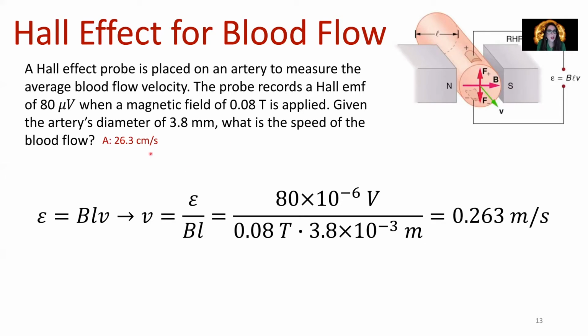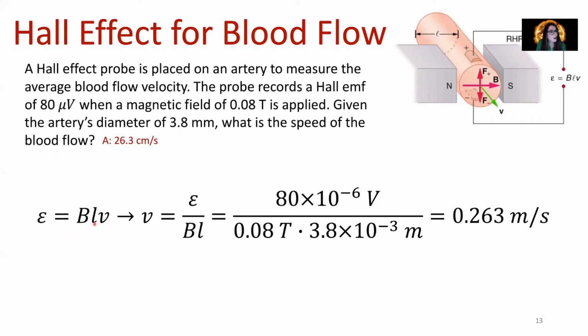So we can find the speed of the blood flow, the speed of those charge carriers, which is essentially the blood, through the artery here, by using our equation for the Hall EMF. The Hall EMF is equal to the applied magnetic field times the diameter of our artery times the speed at which the blood is flowing through the artery, and that blood is our charge carrier in this case.